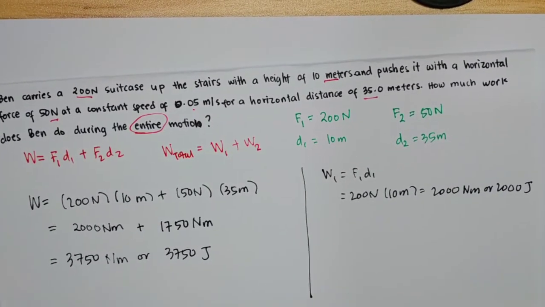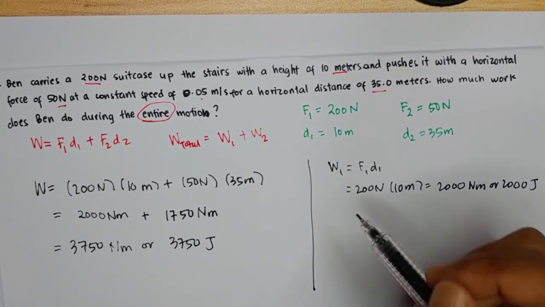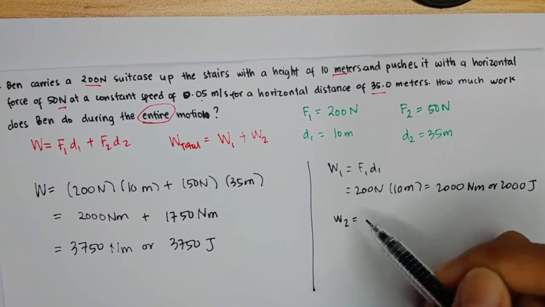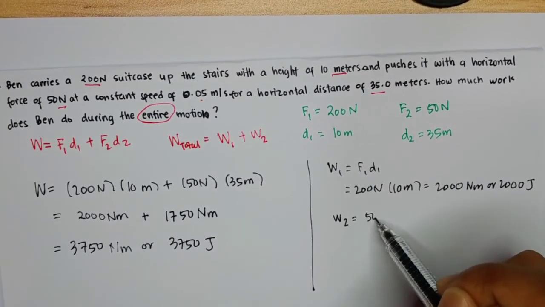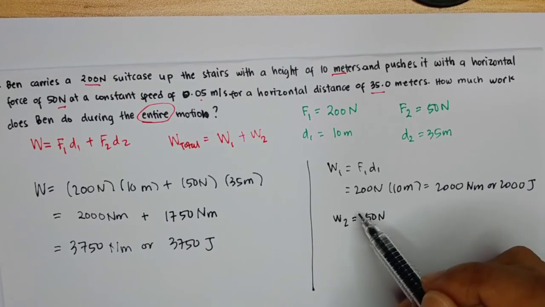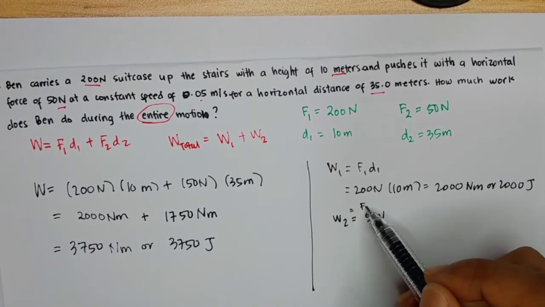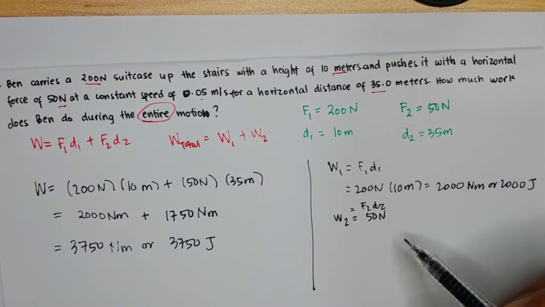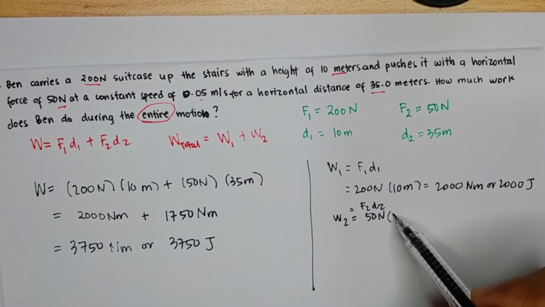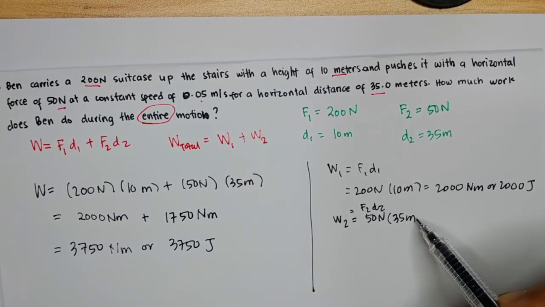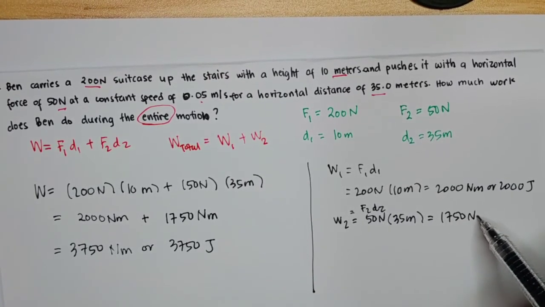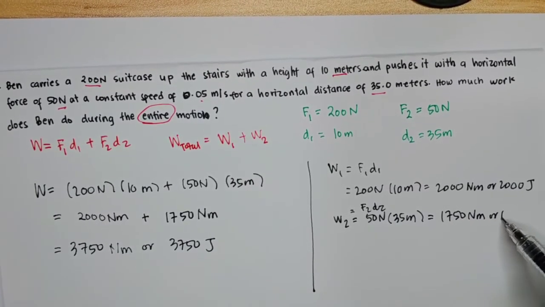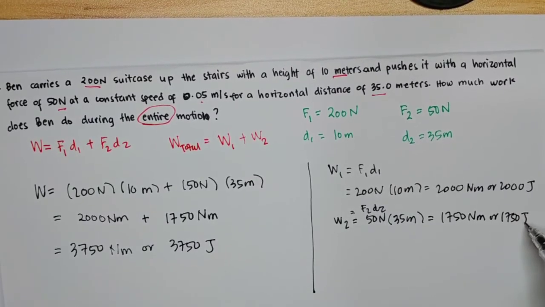Our W2, or work done on the second motion, we have 50 Newton, that is F2 times D2. That is 50 Newton times 35 meters. This is equal to 1,750 Newton meter, or that is 1,750 joules.